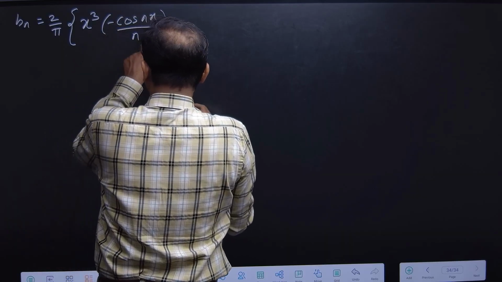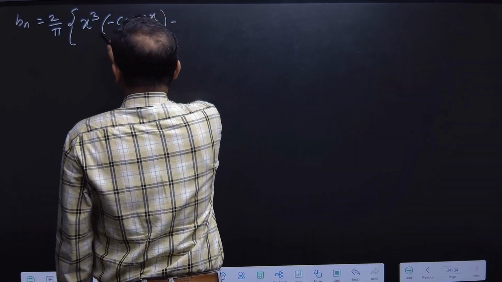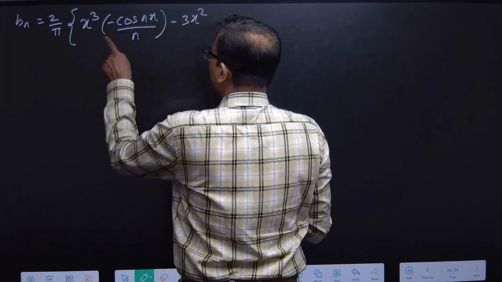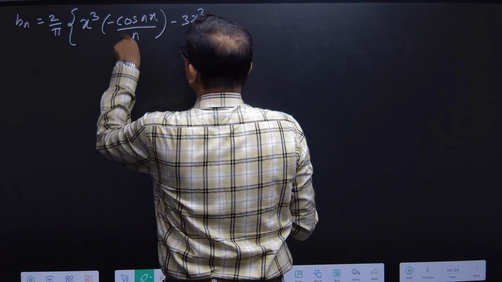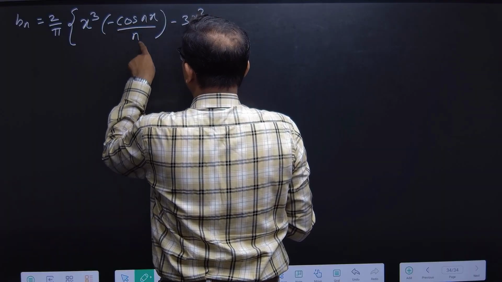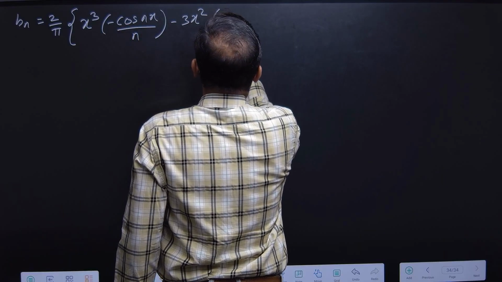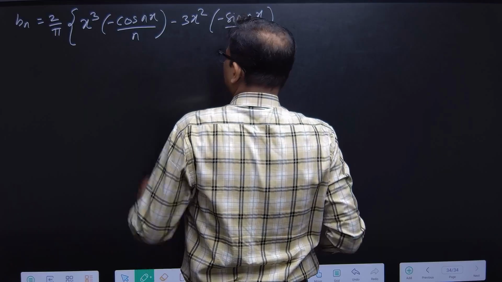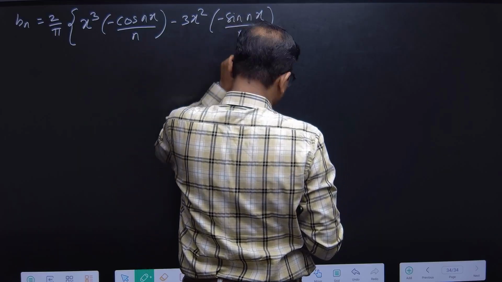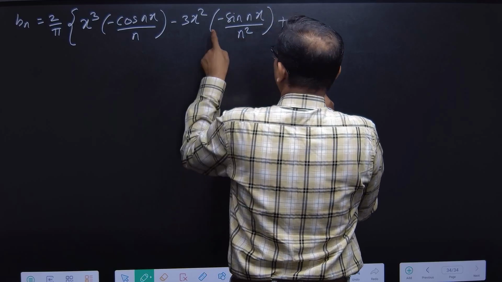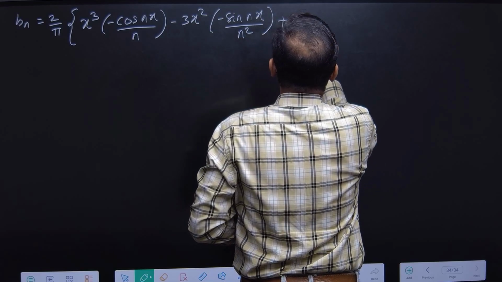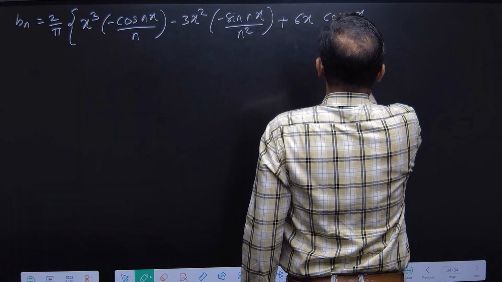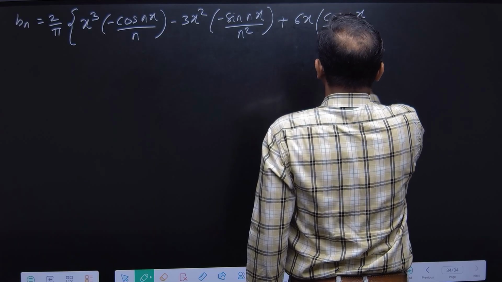Remember it is u into v1 minus u dash, the derivative of x cube is 3x square, into v2. V2 is the integration of v1, the integration of minus cos nx upon n is minus sine of nx upon n square. So u into v1 minus u dash into v2 plus u double dash, the derivative of 3x square will be 6x, and the integration of this term will be cos of nx upon n cube.